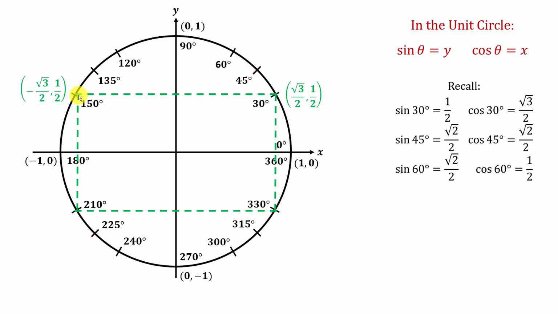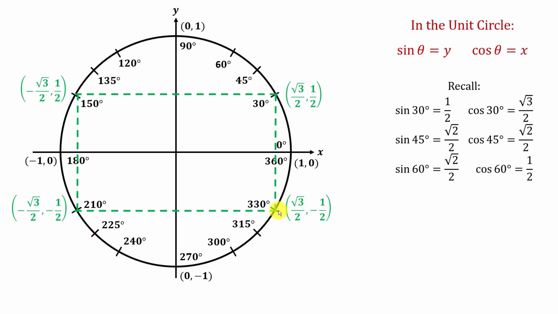We know that in the second quadrant, the x-coordinate has to be negative and the y-coordinate has to be positive. So that's how we're going to label this point here. And that's how we're going to label points that sit on the terminal side of an angle that measures 210 degrees and then 330 degrees. In quadrant 3, both coordinates are negative. In quadrant 4, the y-coordinate is negative.